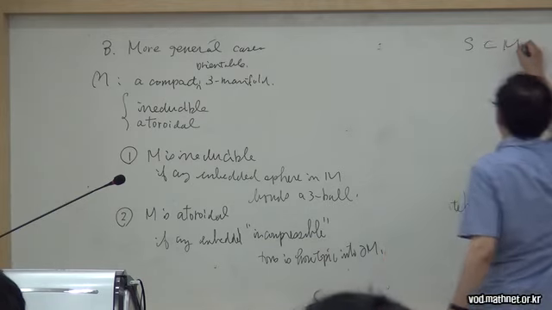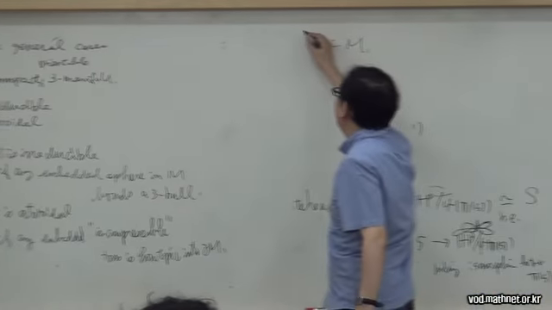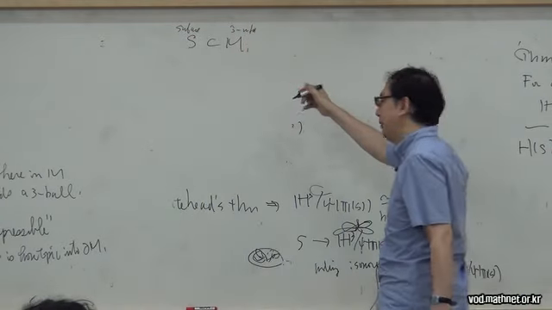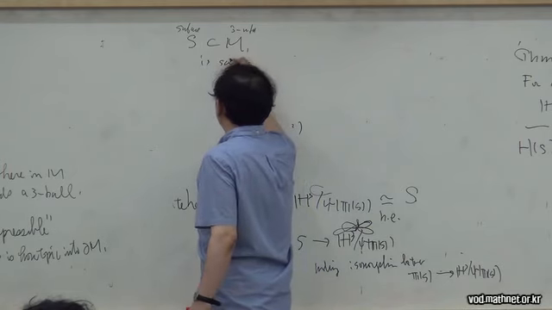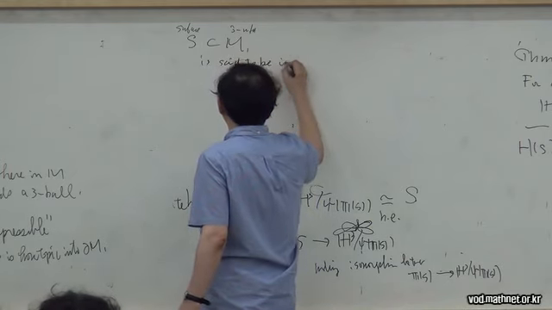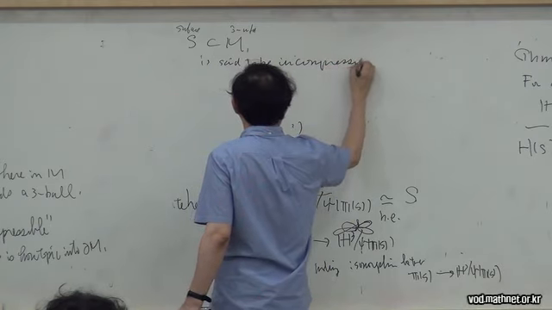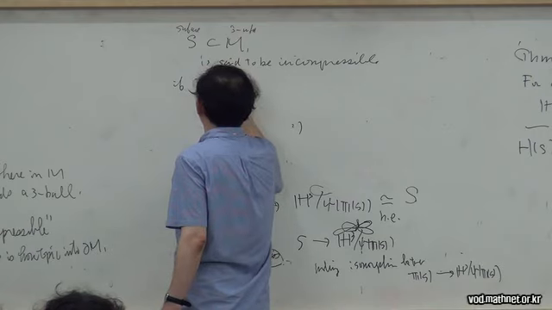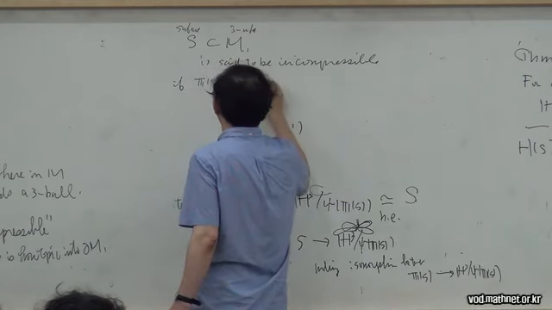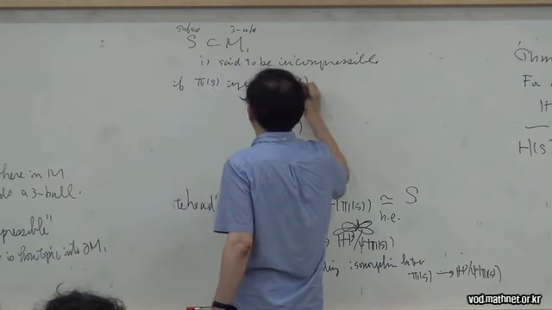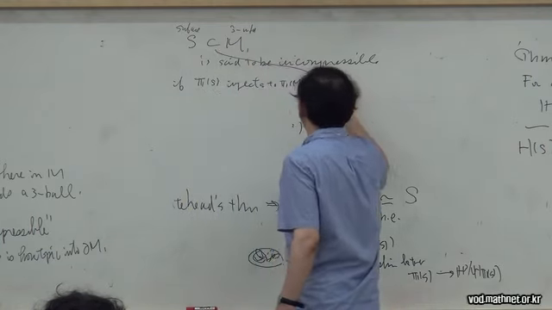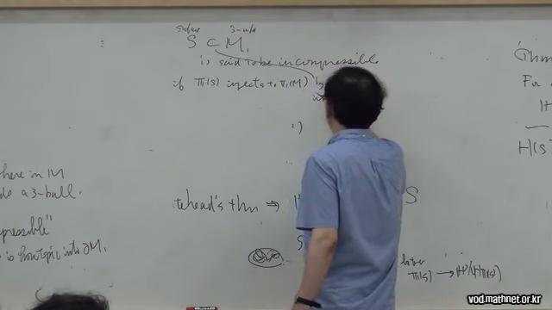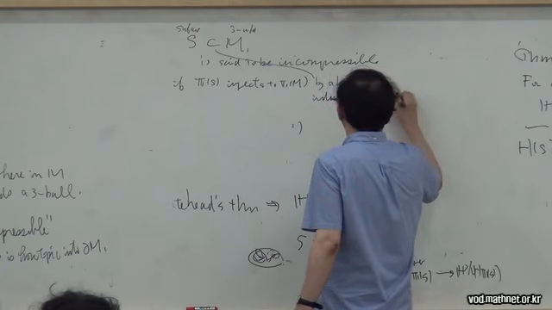If you have a surface embedded in a three-manifold, it is said to be incompressible if pi 1 of S injects into pi 1 of M by the homomorphism induced from the inclusion.